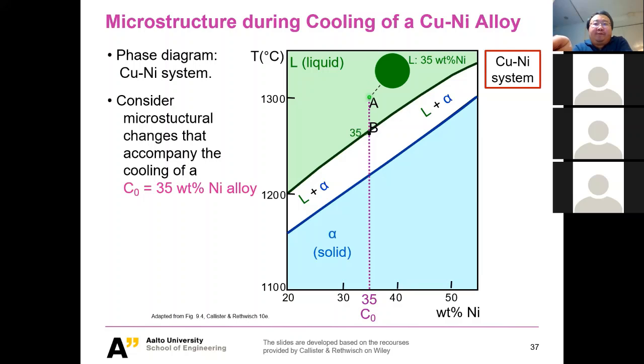You will see when we enter the mixture phase, that is the beginning of the formation of your solid solution, the alpha phase.